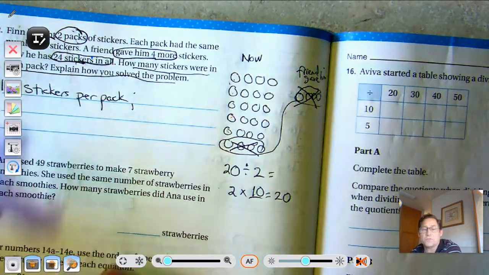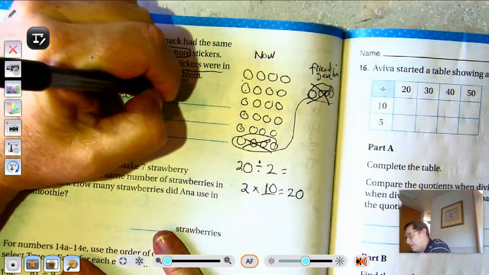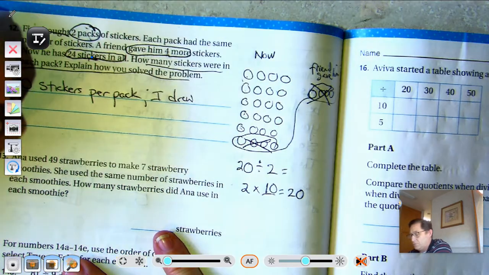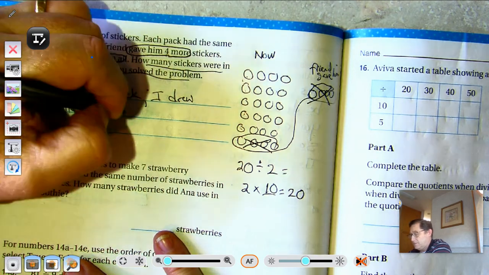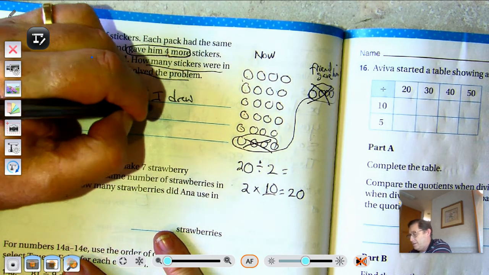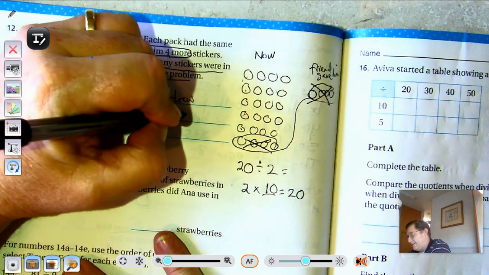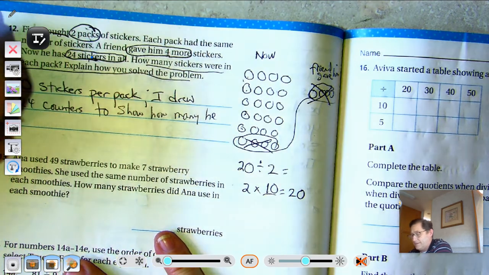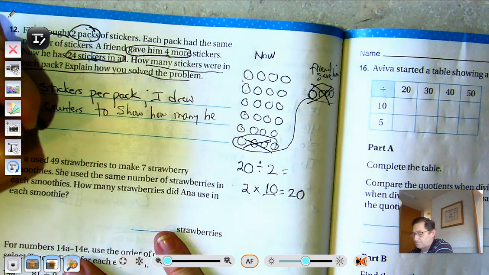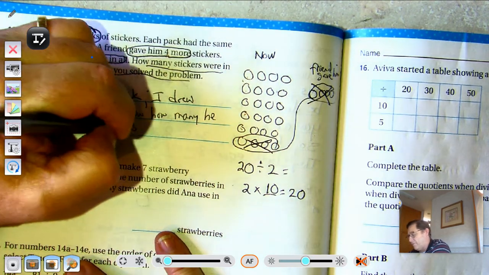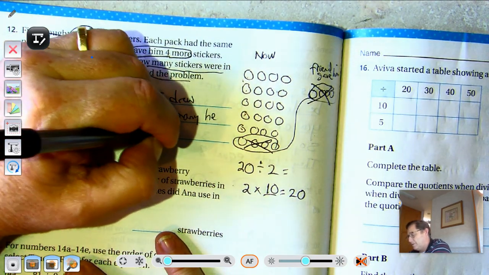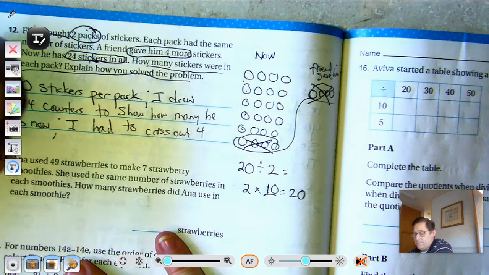What did I do to solve that problem? I drew 24 counters to show how many he has now. I had to cross out 4 because he didn't buy those.